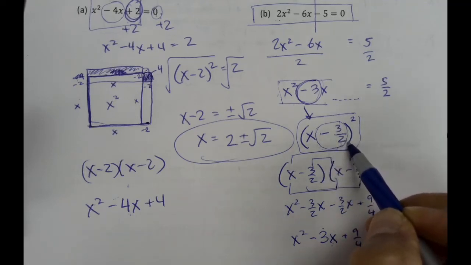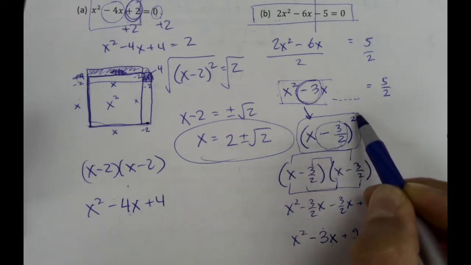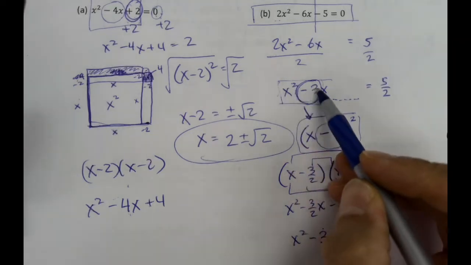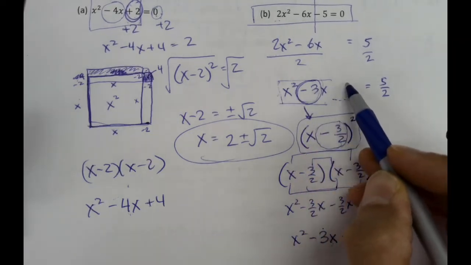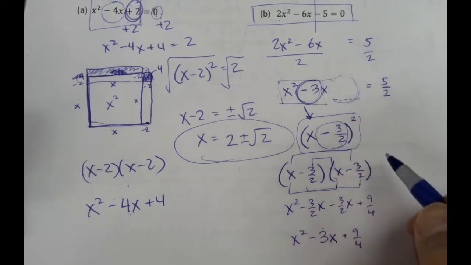Now, since we know that the left-hand side has to be this, this is my perfect square. It's the only thing that will give me x squared and minus 3x. Now I need to find out, what number is going to go here? That's what I can adjust.